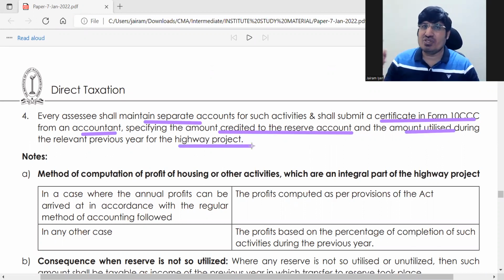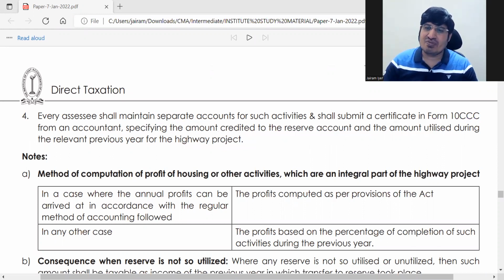In 3 years, you will be using the amount, right? What is the amount credited and what amount is used for the highway project? That you will have to highlight in this. These are the 4 conditions which are there for the highway plus housing project. Next is how to compute profit.